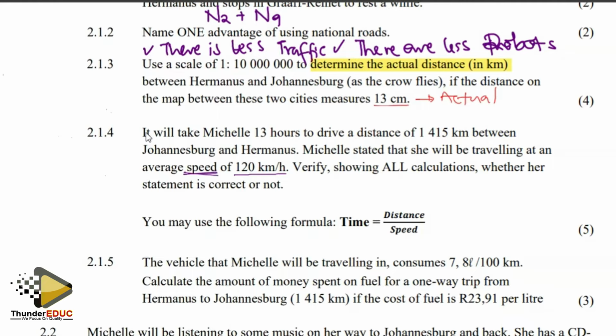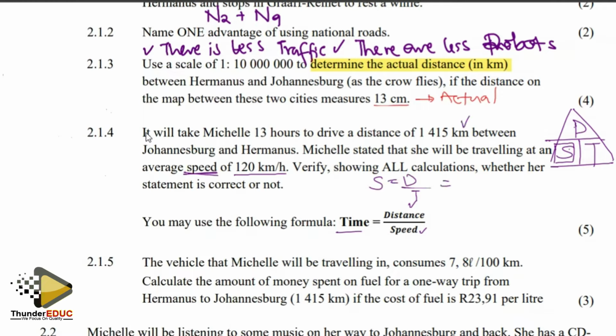First, look at the formula given to us. Time equals distance over speed. Your teacher told you that when we are looking for speed, we use the distance, speed, time triangle. Because in this question we are proving speed, speed equals distance over time.